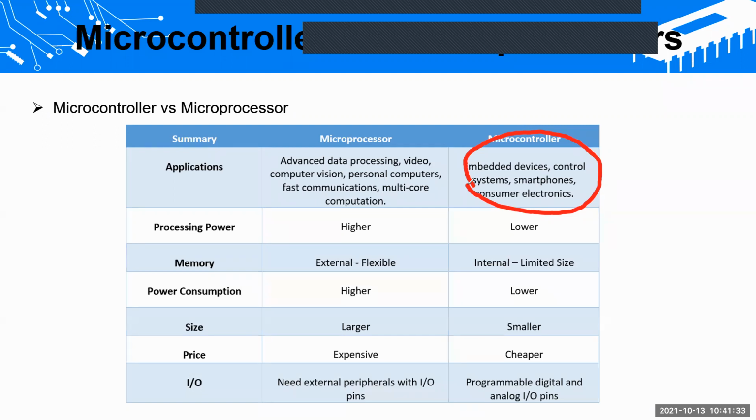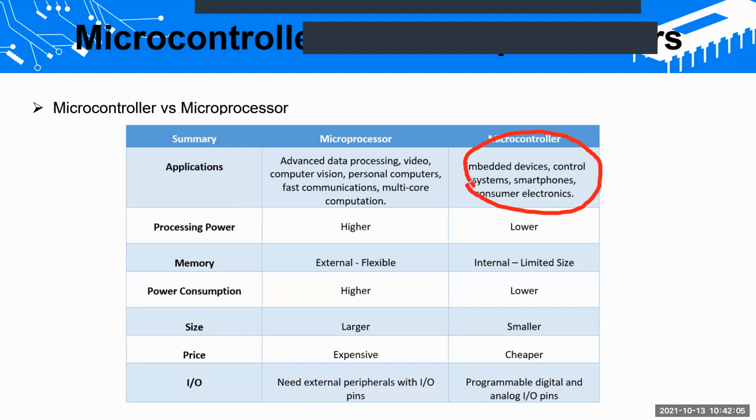Those are the two application levels. If you need to do very expensive video editing or very complex calculations, you need to go for a microprocessor. But if you need to build some very cost effective small system, the best option is the microcontroller.